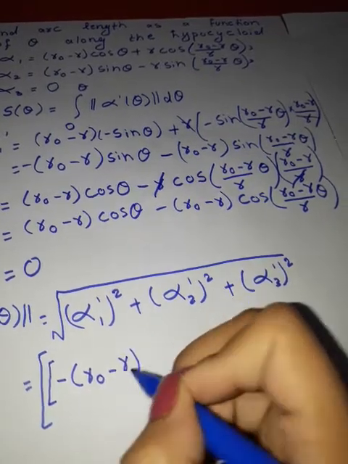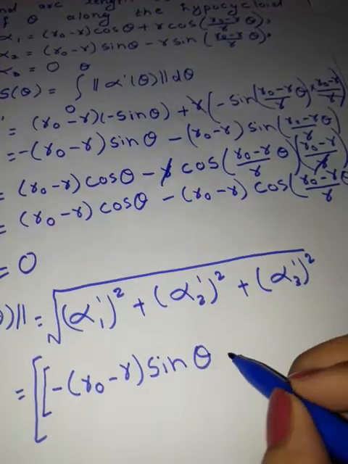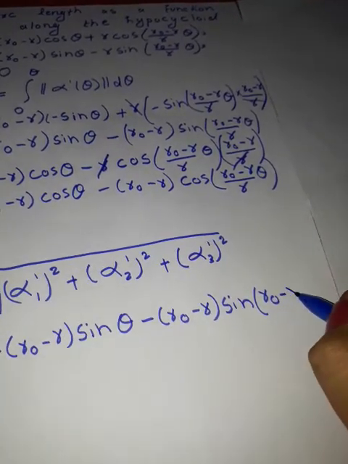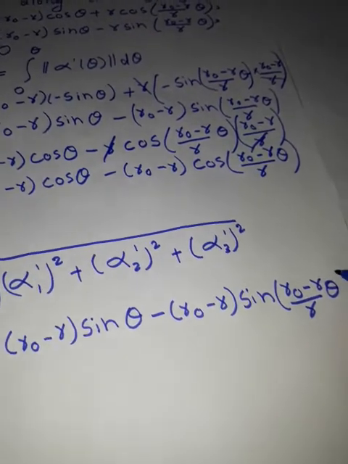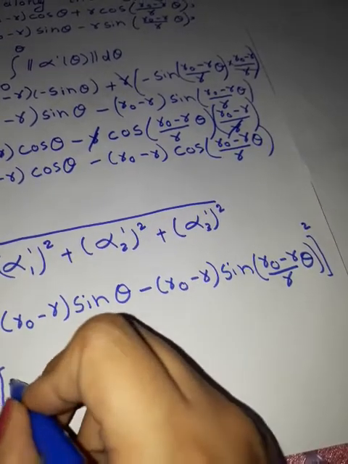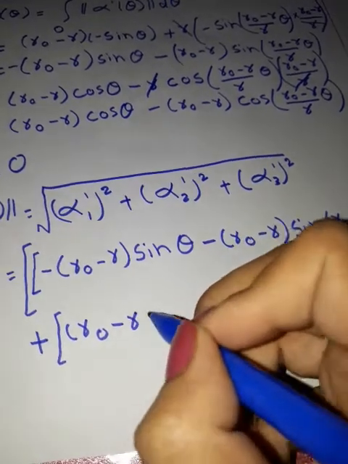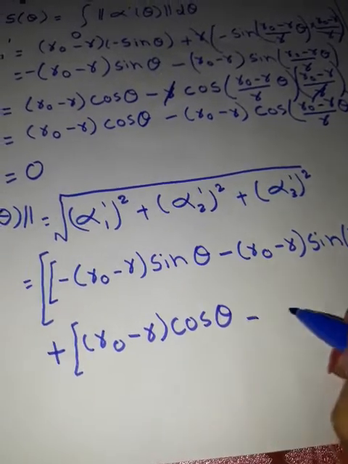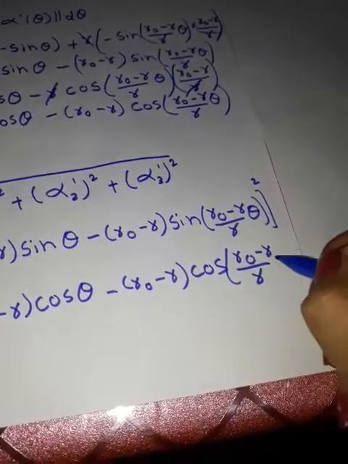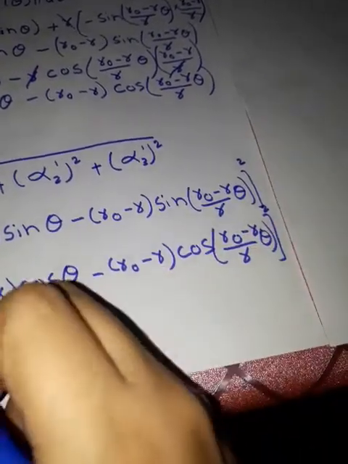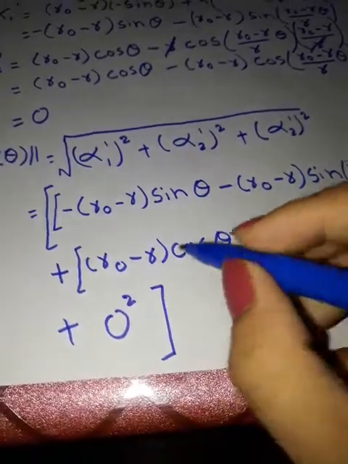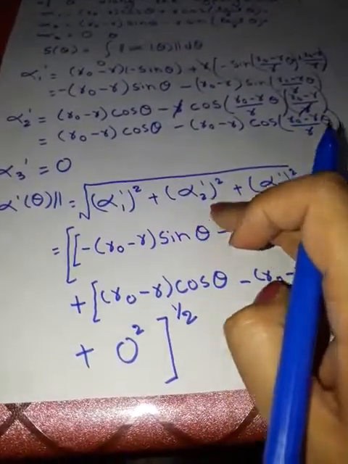Minus (r naught minus r) sin theta minus (r naught minus r) sin((r naught minus r)/r times theta), square, plus (r naught minus r) cos theta minus (r naught minus r) cos((r naught minus r)/r times theta), square, plus 0 square, and there is a square root on alpha 1 square plus alpha 2 square plus alpha 3 square.